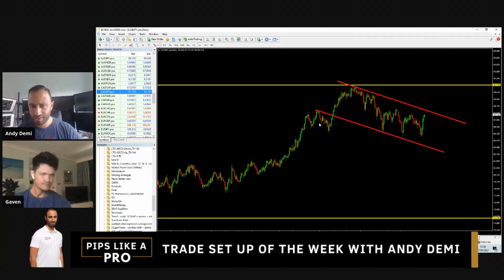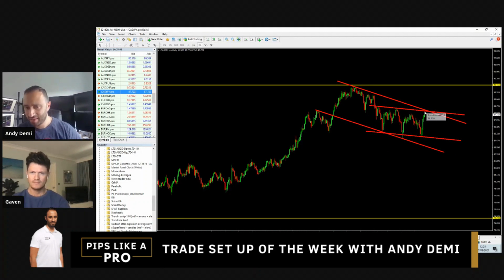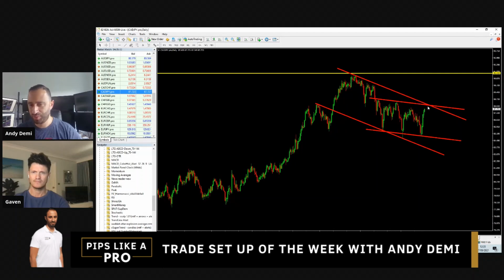I do like this as a short-term play: there's a double channel resistance coming up here, if you see that. This little section looks like a short-term trading opportunity. Around that 88.15 could be a good short.